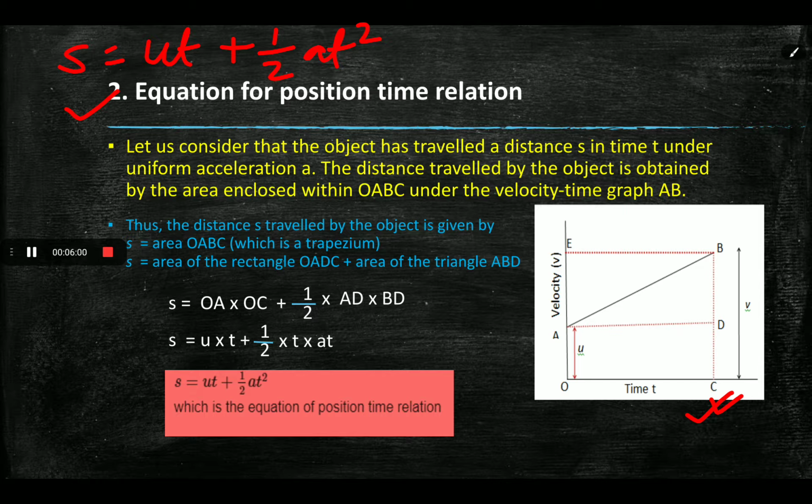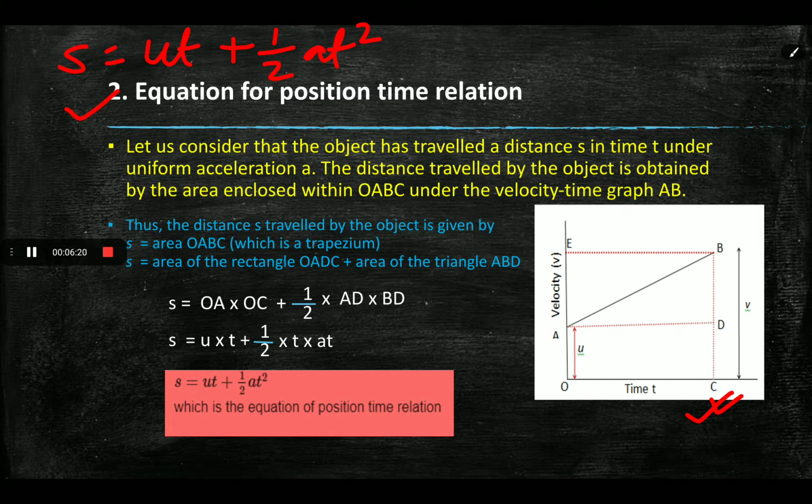Now we know that when we have to find the distance traveled by the object, then to find the magnitude of the distance, we have to find the area enclosed between the velocity-time graph and the time axis.